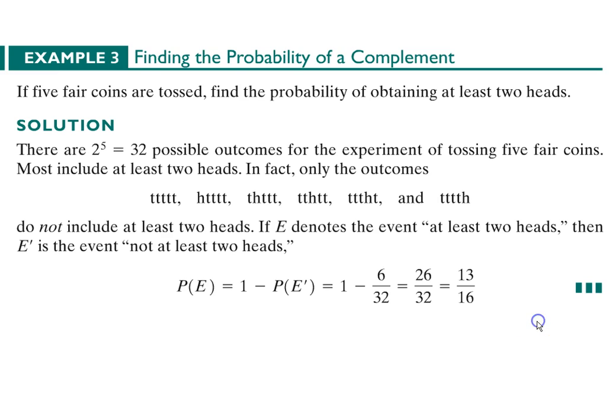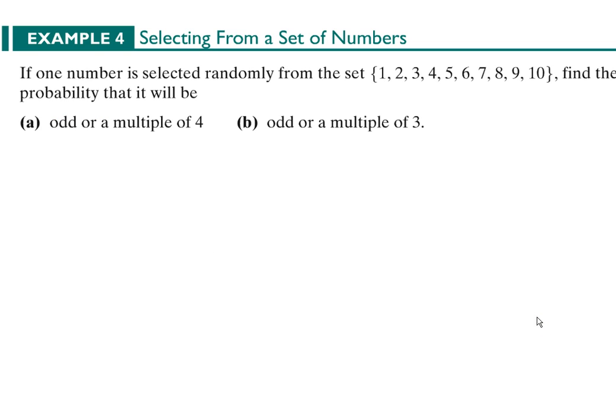Going on. Example 4. Now, selecting from a set of numbers, and we've done things like this before. Here our universe, our sample space is 1 through 10. Find the probability that the number would be odd or a multiple of 4.